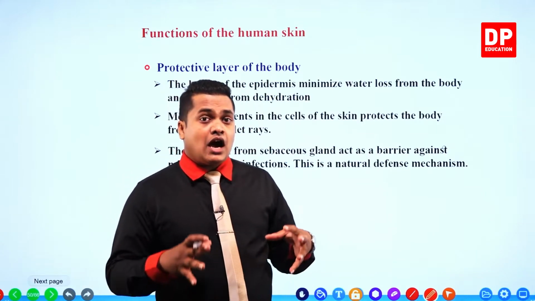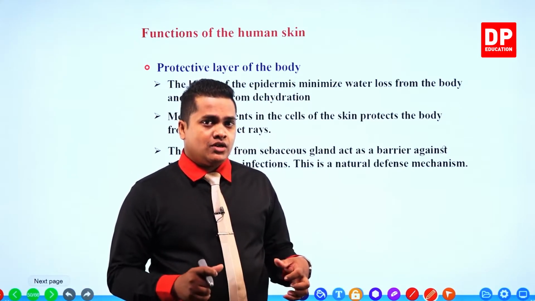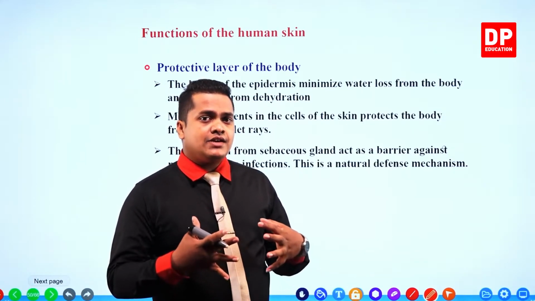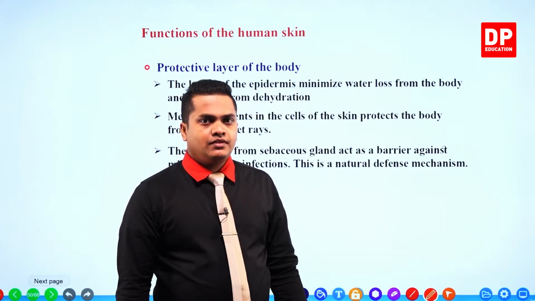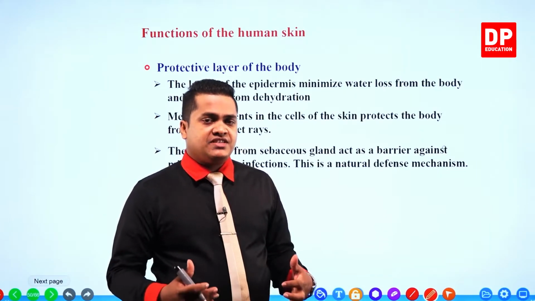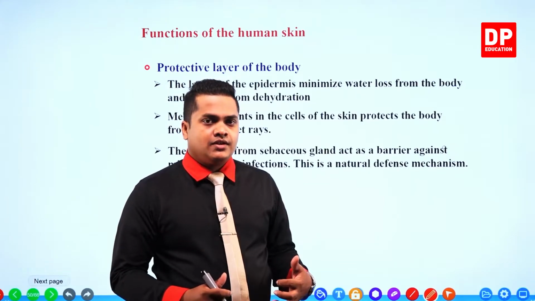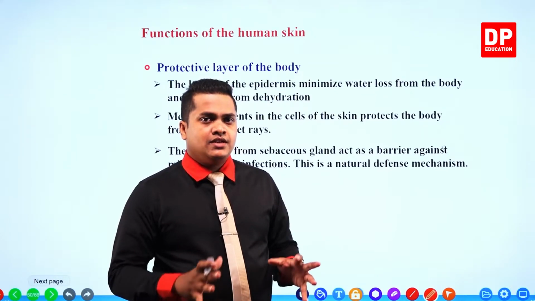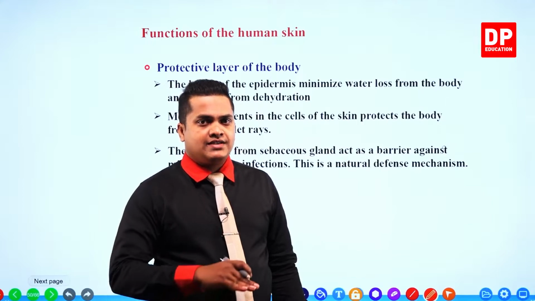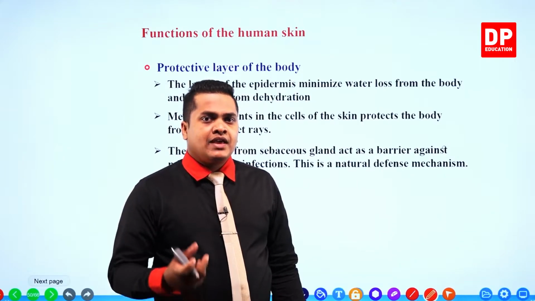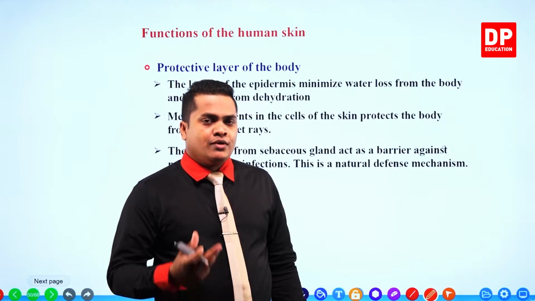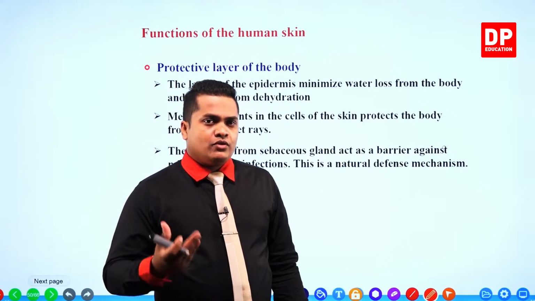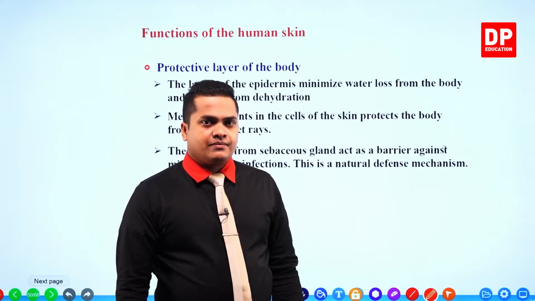Now, sebaceous glands provide the moisturizing nature, plus they act as a protective layer for the human skin, right. This sebum which is secreted by the sebaceous glands provides a mechanism against microbial activities. Now, if there is an oil layer, a moisturizing layer, that layer would help to protect our skin and our interior body organs from those pathogenic microorganisms, my dear children.